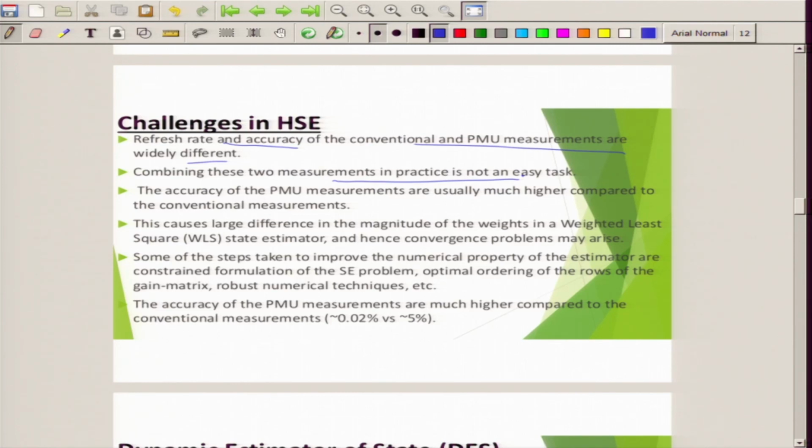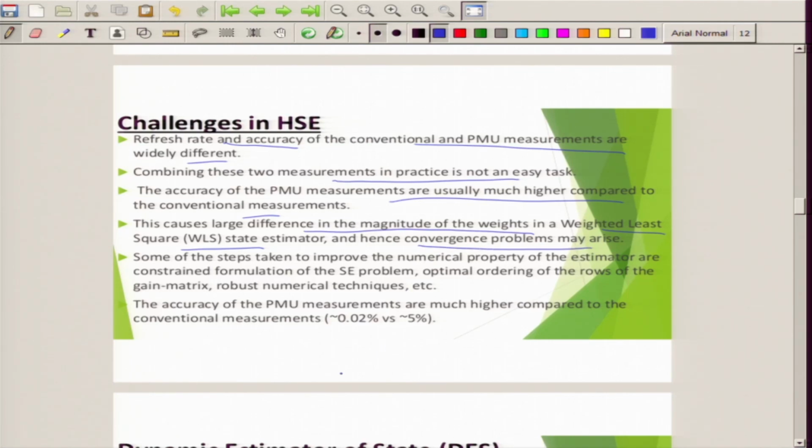The accuracy of the PMU measurements is usually much higher compared to the conventional measurements. This is the reason why it is becoming a little tedious, and this causes a large difference in the magnitude of the weights in a weighted least square state estimator, and hence convergence problems may arise.